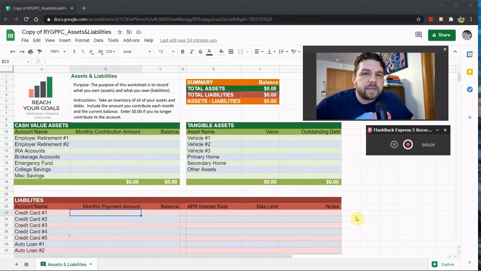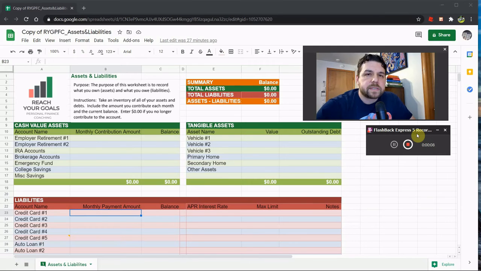It's not uncommon to have a negative net worth. But the purpose of this is to not only get a point in time snapshot of where you are standing financially, but also to use that information to take into consideration where you're going net worth wise in the future.